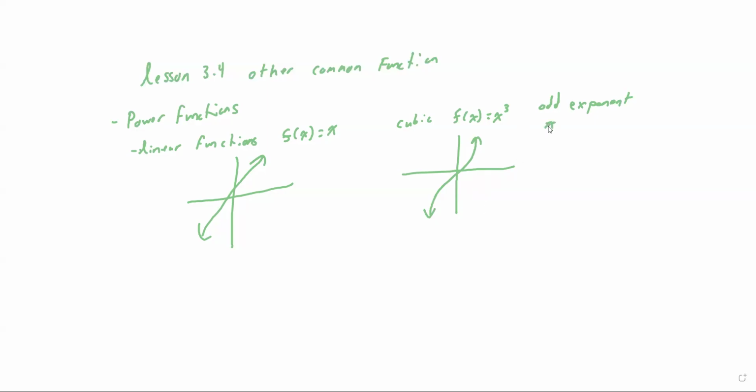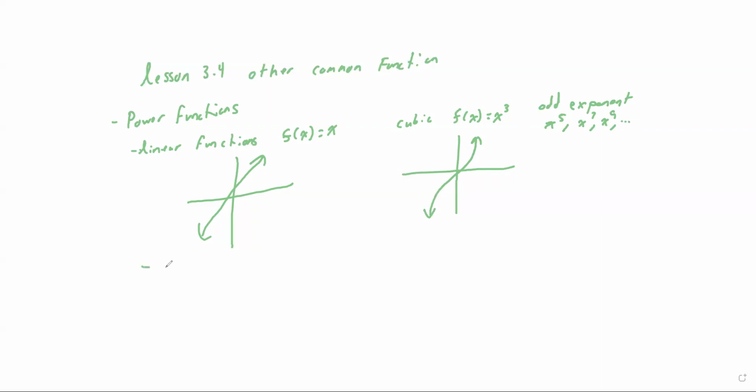So that would be x to the fifth, x to the seventh, x to the ninth, and so on and so on. So any of these forms is going to make some type of shape that looks like this. That's basically the gist of those odd power functions.